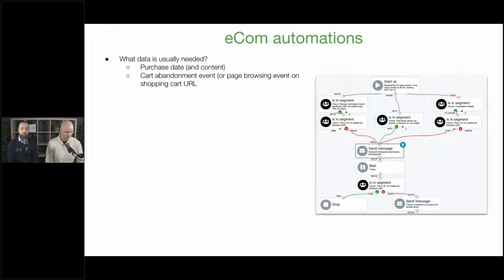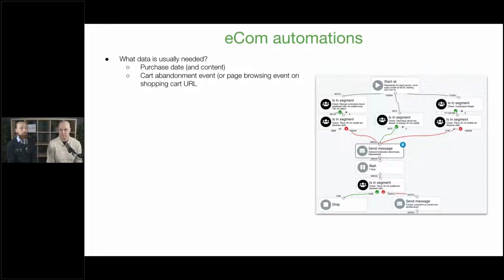Yeah, so we did talk about CRMs first, and let's talk about eCom. So what data do you usually need? You can do quite a lot with quite simple data. If you have the purchase date, for instance, and even the content, that's not so important in many cases.